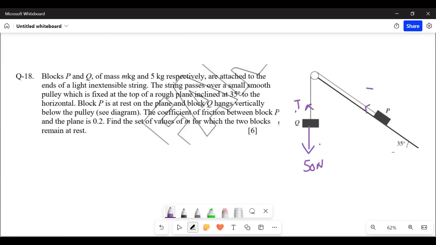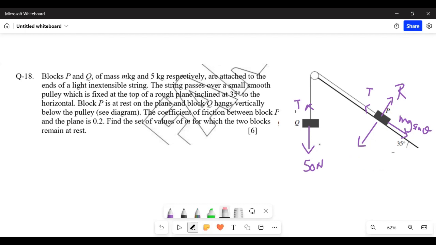And then there's going to be mg sin θ, the component of weight parallel to the slope, and mg cos θ, which is opposite to the normal contact force R. So mg cos θ would be 10m cos 35, and this one is going to be 10m sin 35.